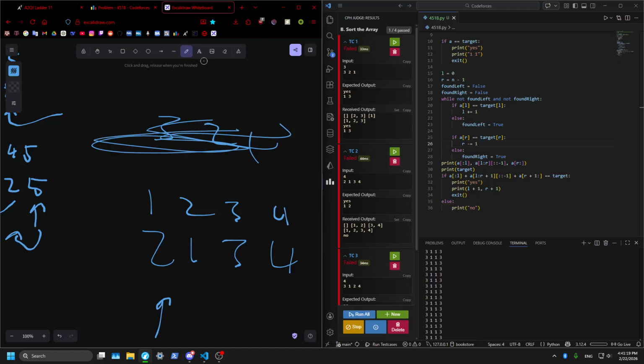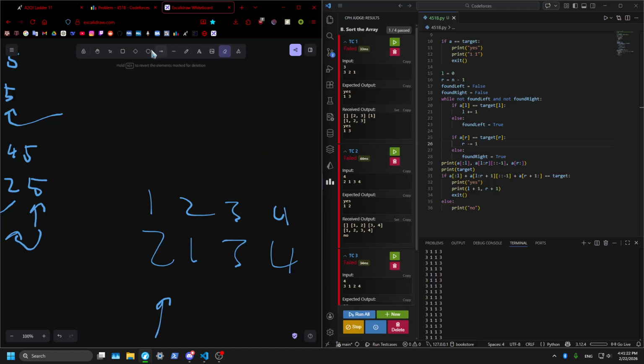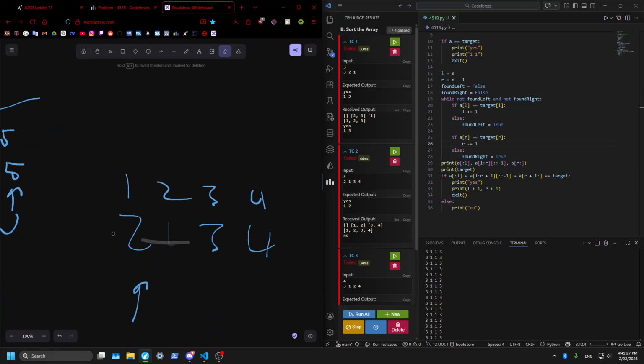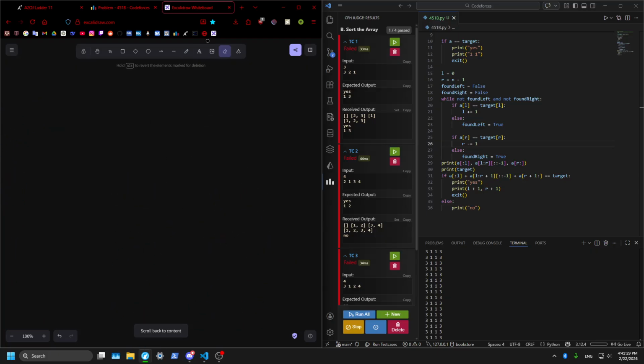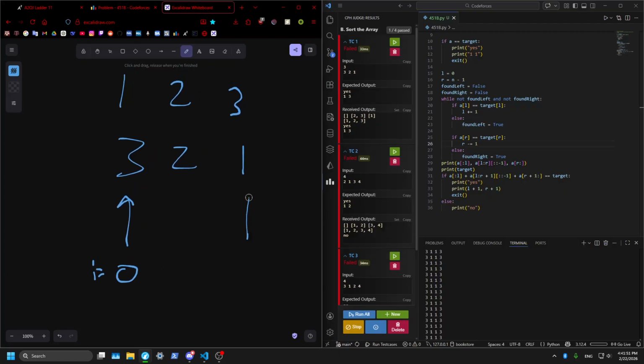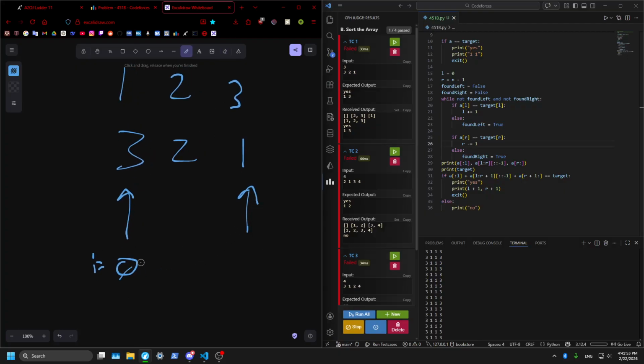Okay, let's just look at 2 cases. Let's do 1, 2, 3 first. Oh well, that's the sorted version. 2, 1, 3. Our target is 1, 2, 3. Start from here. It's not the same, so L equals 0.